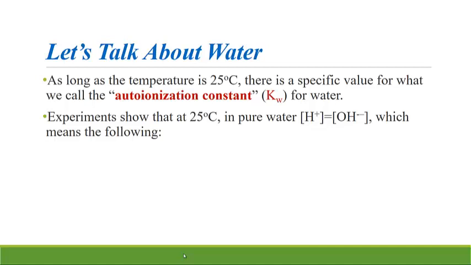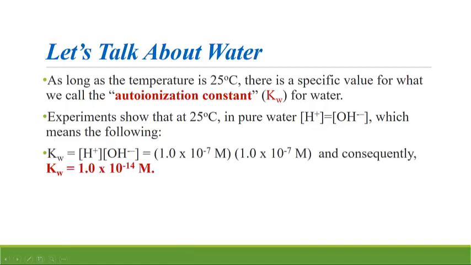So in pure water we get a pH of 7 because it's neutral there in the center. So Kw, our autoionization constant, is equal to the concentration of hydrogen ion times the concentration of hydroxide. And at neutral, they're both equal to 1.0 times 10 to the negative 7th. So our Kw value is equal to 1.0 times 10 to the negative 14th.